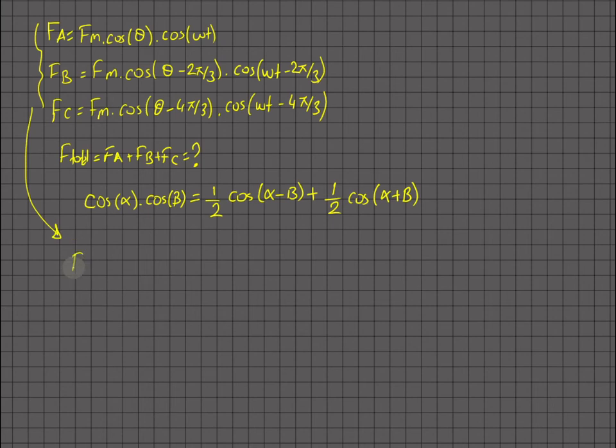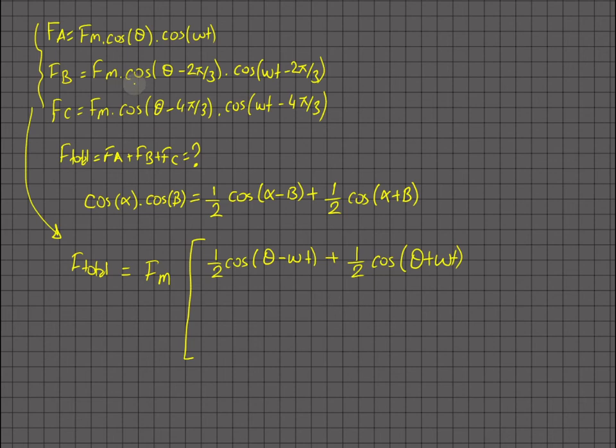F total is equal to Fm, a constant term for all of those things, so I am taking it outside, and I am writing that multiplication like that. So it becomes 1/2 cosine theta minus omega t, plus 1/2 cosine theta plus omega t.